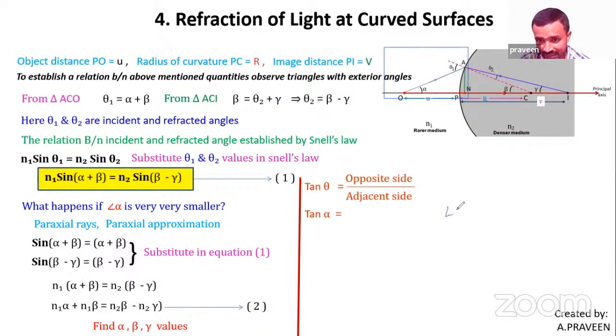Now look at that triangle ANO. Where is alpha? Here, alpha is at this spot.